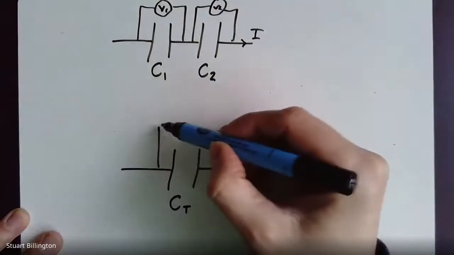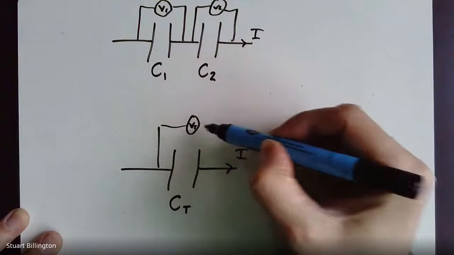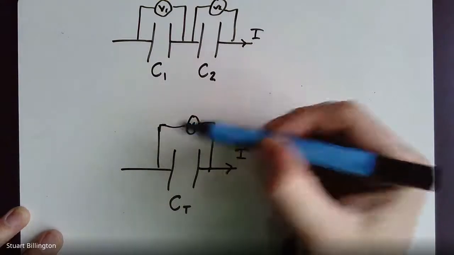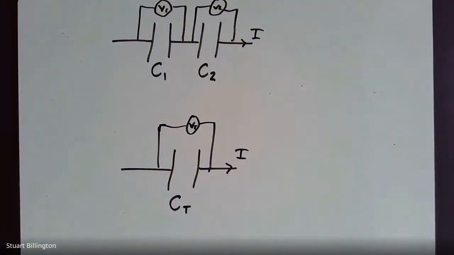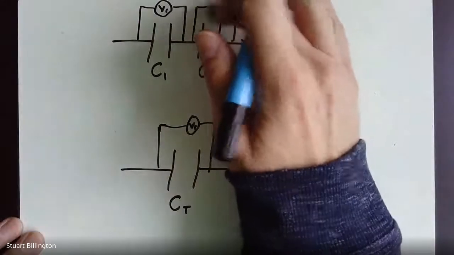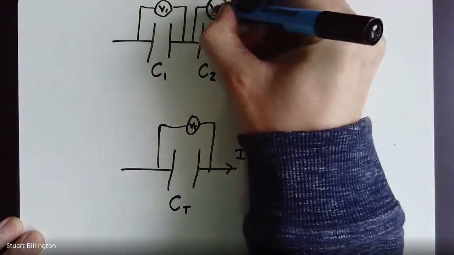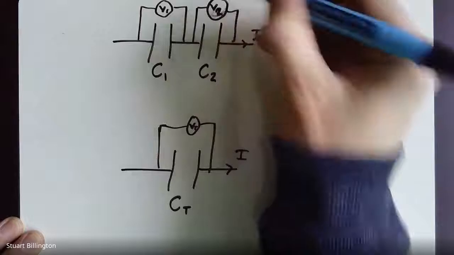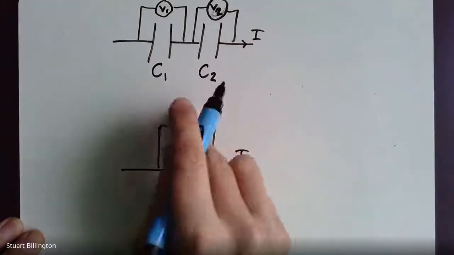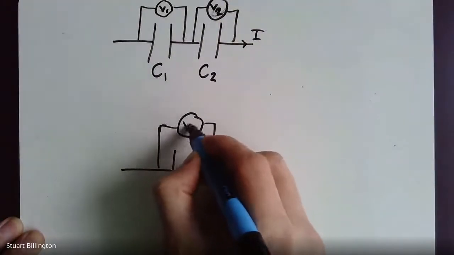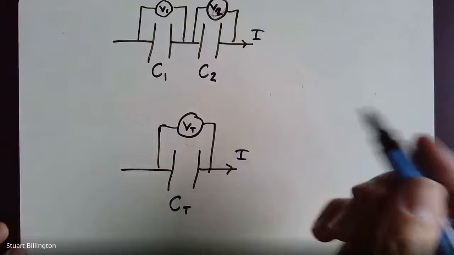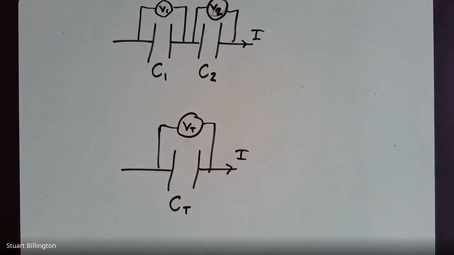And we've got the total PD that would be across the single capacitor all on its own. Sorry, I know that's a bit small. That's a 2. And that's a T. Any other variables or formulae that are in play?